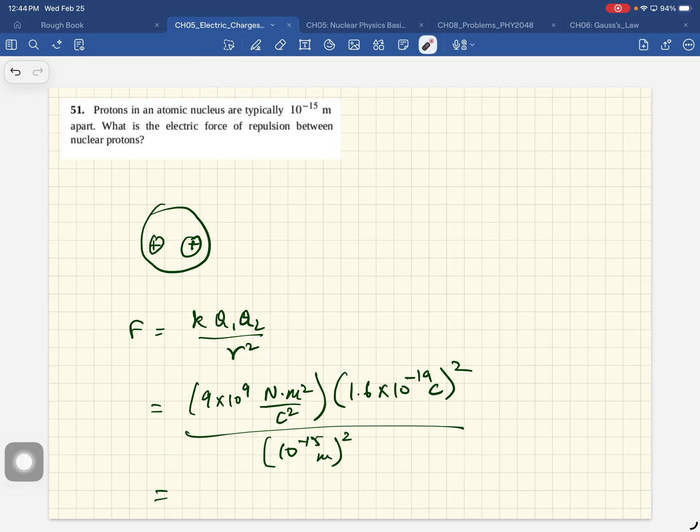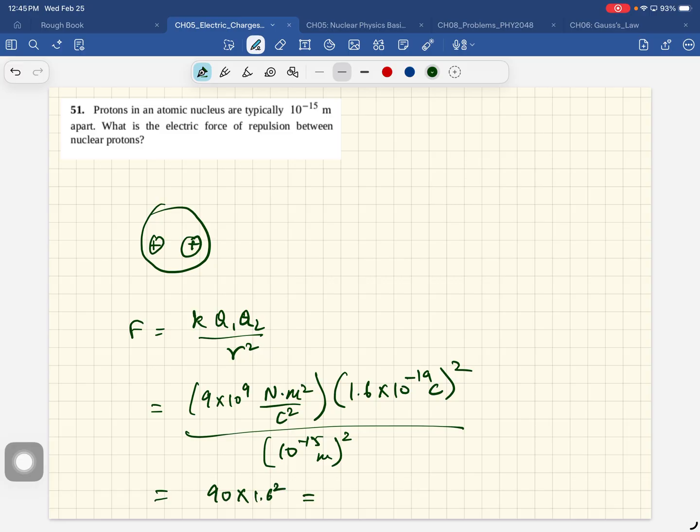All right, so we want to take care of the powers of 10 first. That's 10 to the power of minus 38, and that's minus 29. That's minus 30. So 10 to the power 1. So 9 times 1.6 squared, 90 times 1.6 squared.